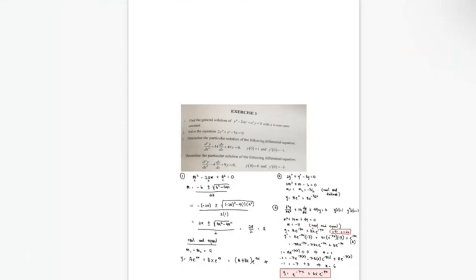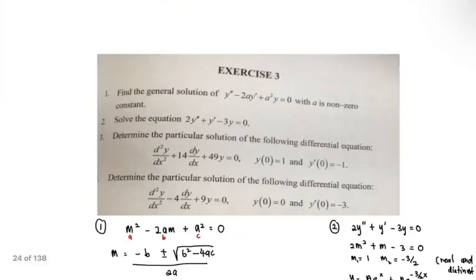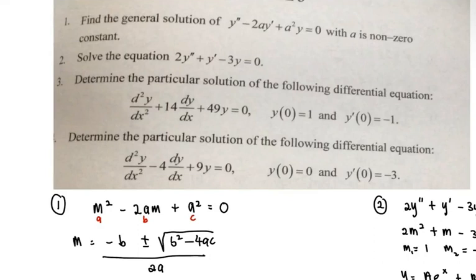Let me write question number 4 above here. So what is our question number 4? This one. Determine the particular solution of the following differential equation. d squared y over dx squared minus 4 dy over dx plus 9y equal to 0.